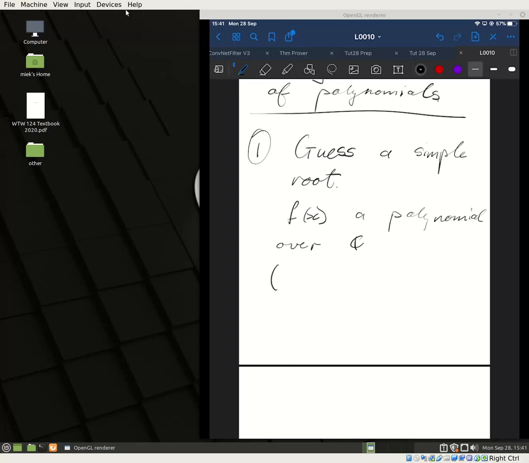And what you can then do is apply the factor theorem.